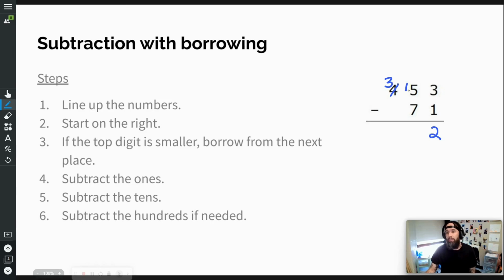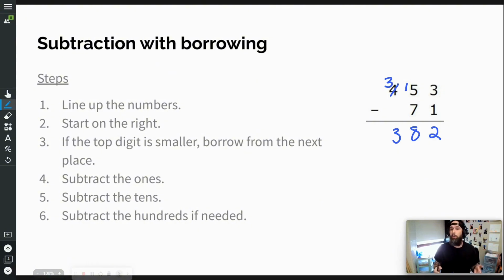So 5 now becomes 15. And 4 becomes 3. We are borrowing 1 and making this a two-digit number. Now we can do this. 15 minus 7 is 8. Then you keep working to the left. Now we have 3. 3 minus nothing is 3, and we end up with 382.